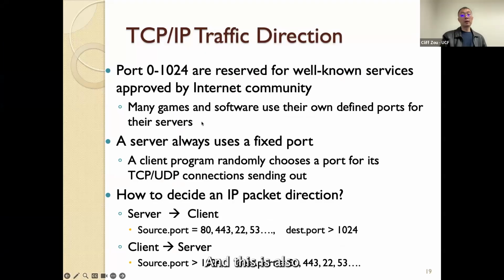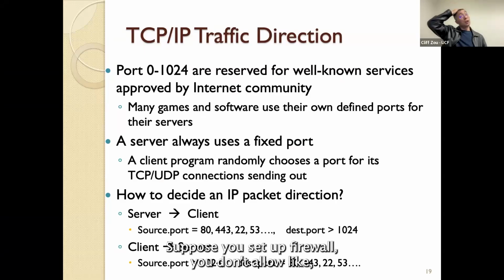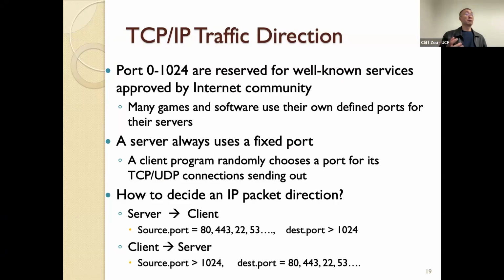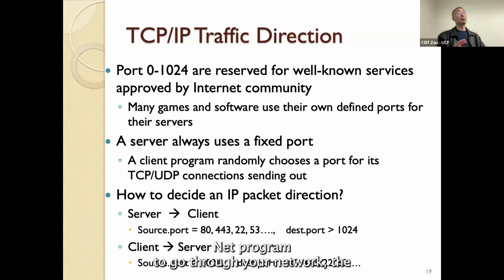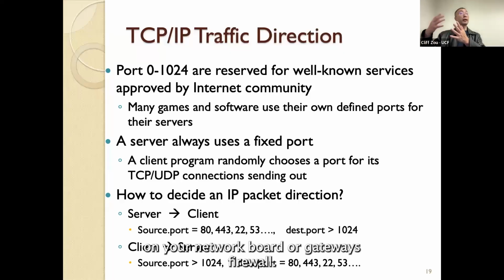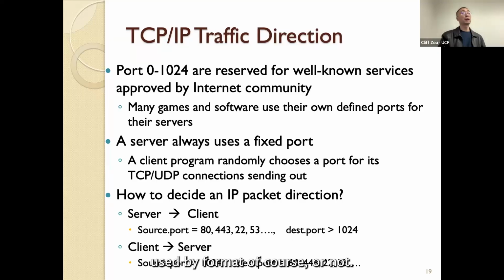And this is also the foundation for firewall rules. Suppose you set up a firewall and you don't allow network games. For example, if you don't allow Fortnite, which is a very popular shooting game, to go through your network, then on your network border gateway's firewall, you can set up a rule to block that specific port used by Fortnite.